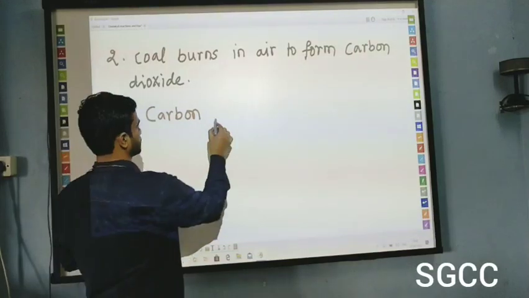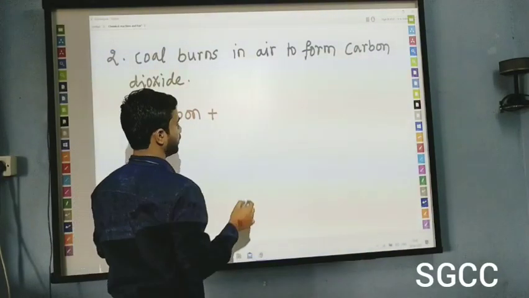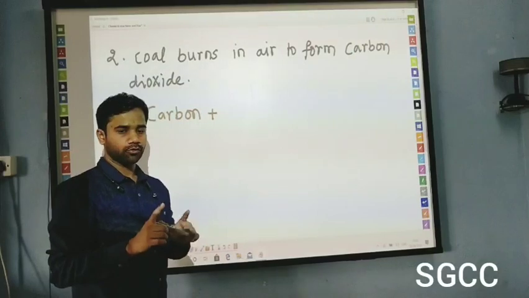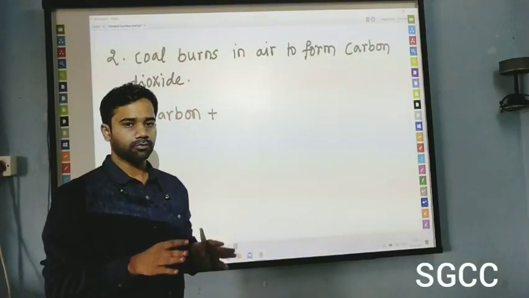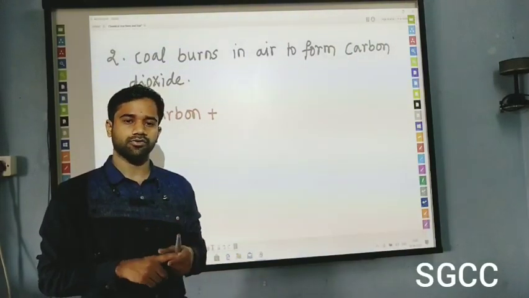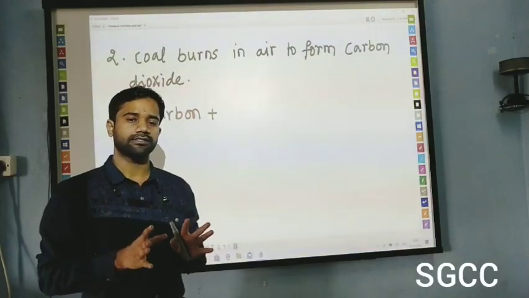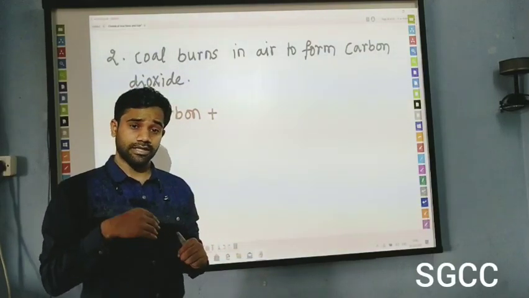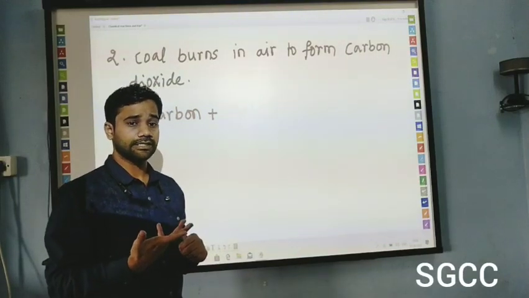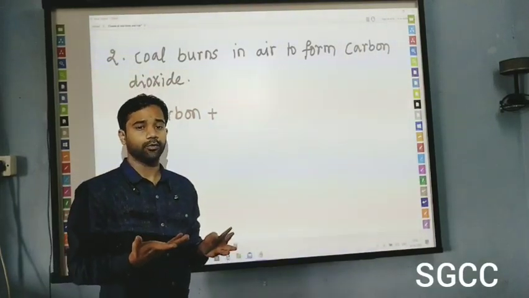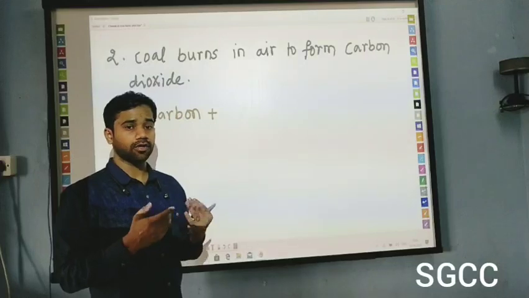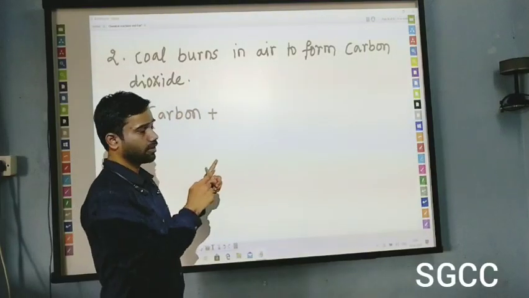Carbon plus air. What do we mean by air here? You already know that in the atmosphere we have nitrogen gas, oxygen gas, carbon dioxide gas, hydrogen gas, and many other gases. The highest percent, about 71%, is nitrogen, N2. But in this case, we are not considering it as our reactant.